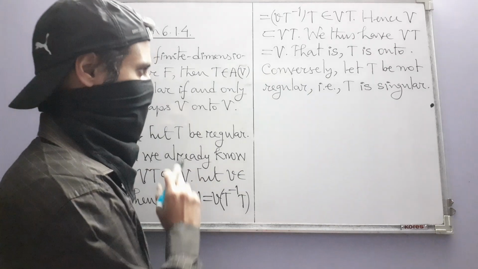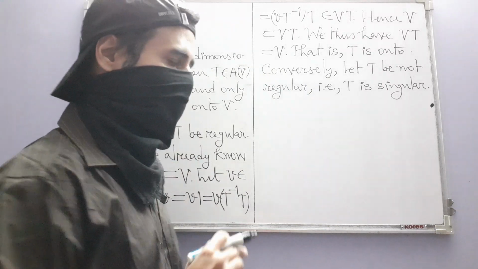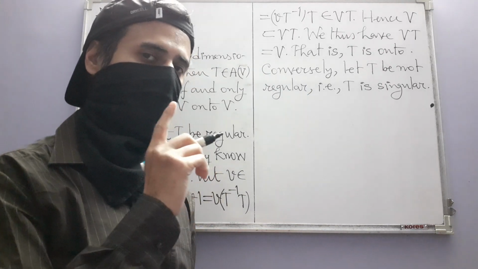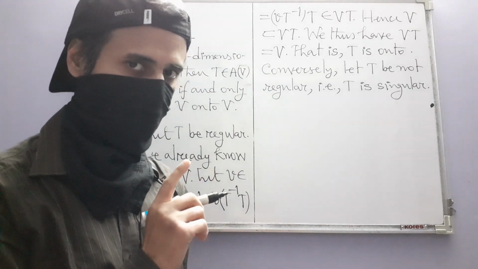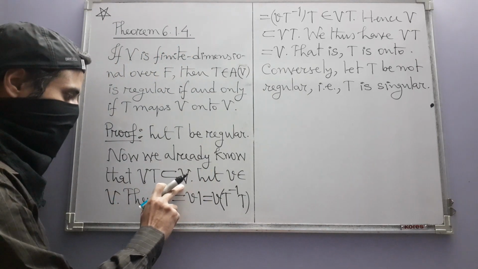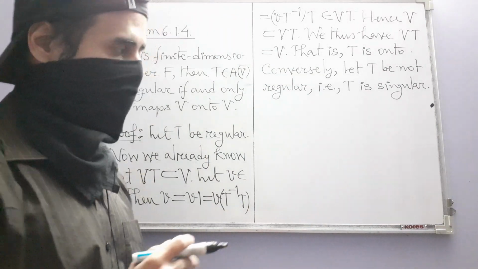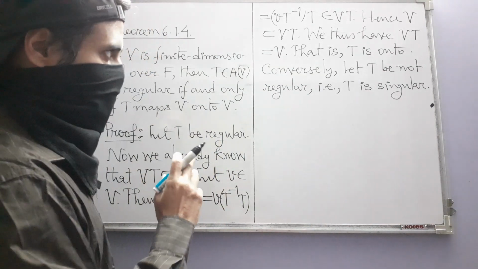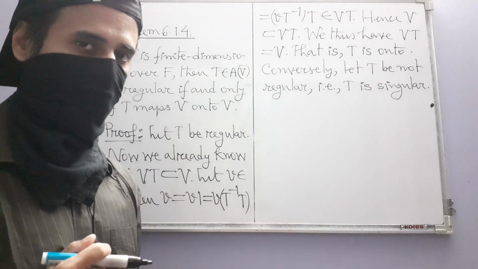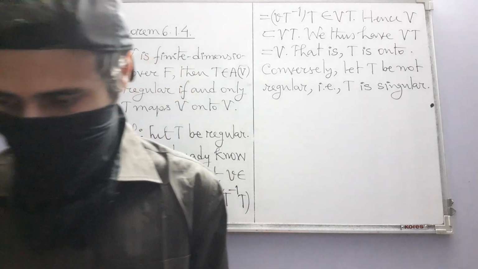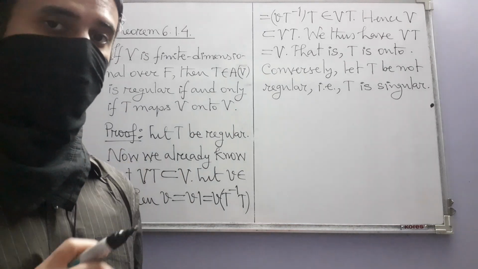Then we recall one result that whenever that happens, there is at least one non-zero vector in our vector space that T maps onto the zero vector. This is always true when T is singular, and that result is, I think, theorem 613.